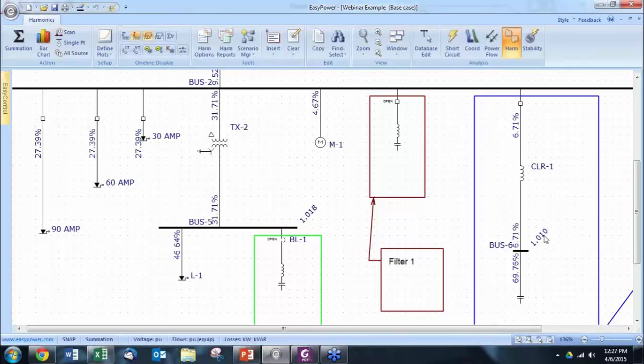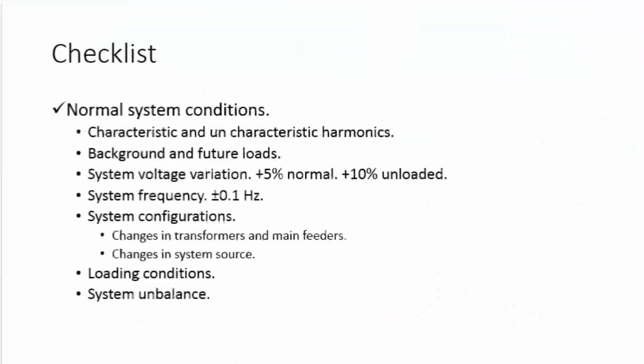Now we have 1% above. So you may not want to take the voltage level of the capacitors to the limit. You may want to design a little above as for the harmonic voltage rise. When I remove the harmonic load, the harmonic voltage rise decreases. So you may want to watch out for that.